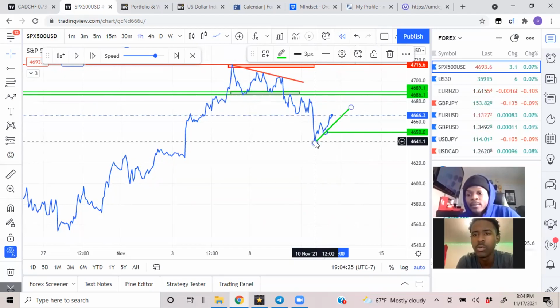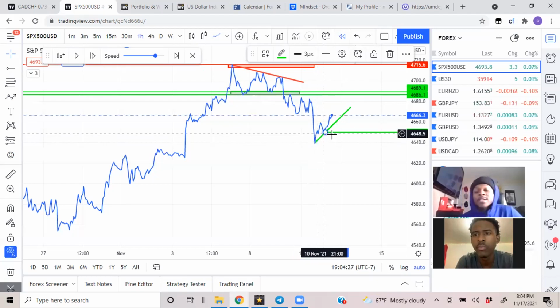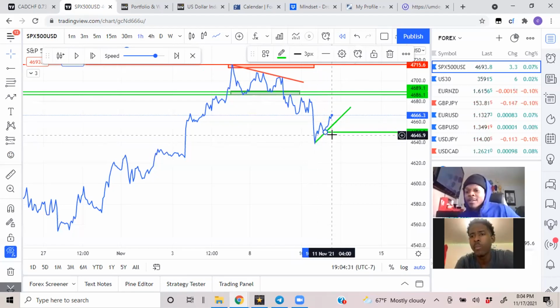Right? So that is a higher low. Exactly. So I'm getting a direction of where the market wants to go now. We're seeing, okay, this market looks like it wants to buy up. Let's see what happens next.